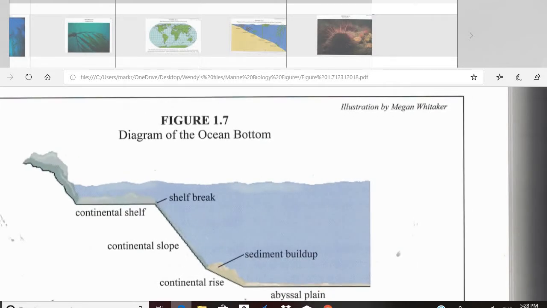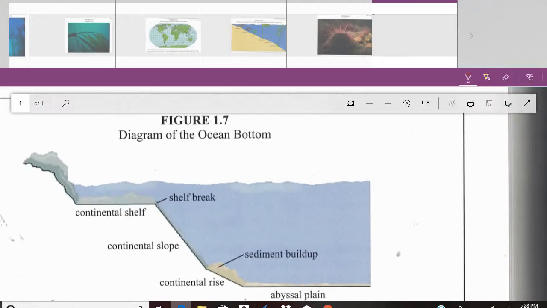When we talk about the continental shelf, we're talking about the area that exists from the land to just before the shelf break or drop off. So it goes from the area of low tide until you get this sharp decline in the continental slope.